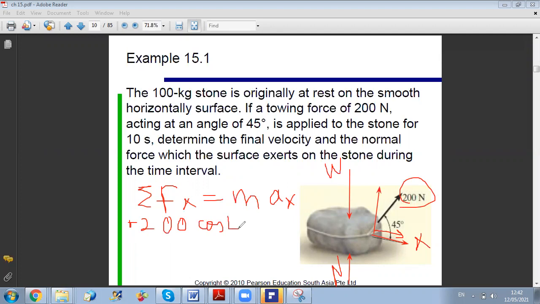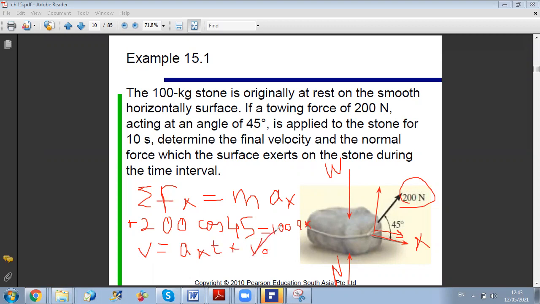So you find a_x, which is equal to 100 a_x. You calculate a_x from this step. And then since a_x is constant, we can find v by saying that v is equal to a_x times t plus v0. Okay, this is the first method. Since it's starting from rest, v0 is 0.